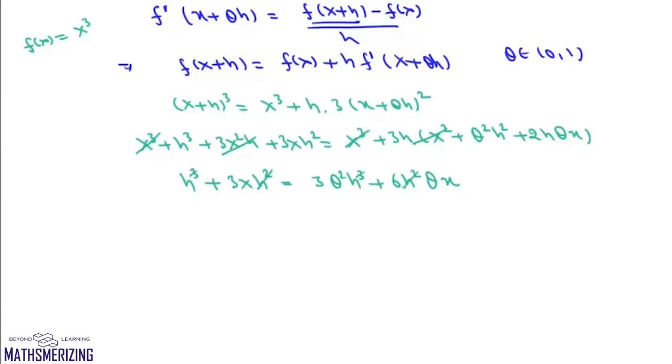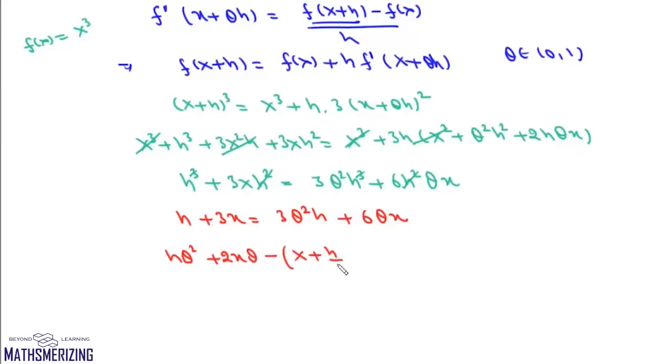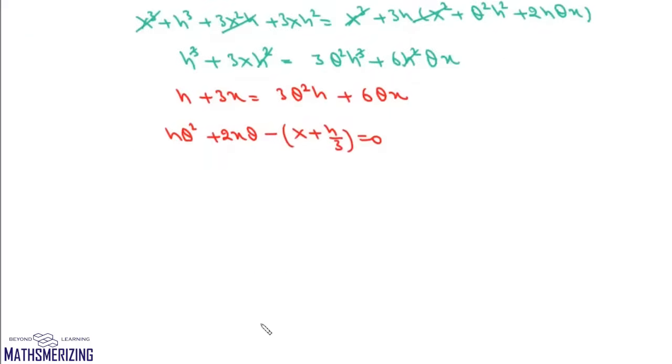So we can write this as h plus 3x and it will be 3 theta square h plus 6 theta x. Now we can write this as a quadratic in theta. So it will be h theta square plus 2x theta minus (x plus h by 3) equals 0.